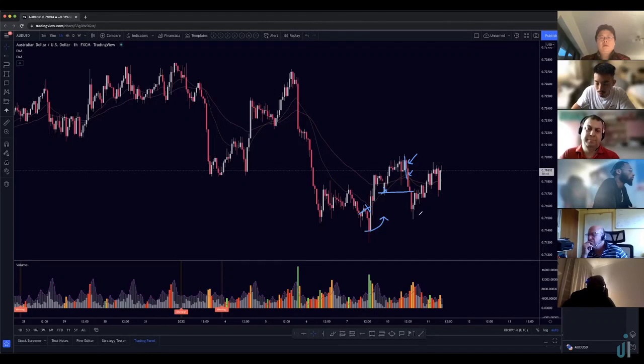But the difference here is when you do the cheese here, you have high volume at the bottom when it's pulling back. So that's a small little difference there, which makes this a little bit better as compared to this one.